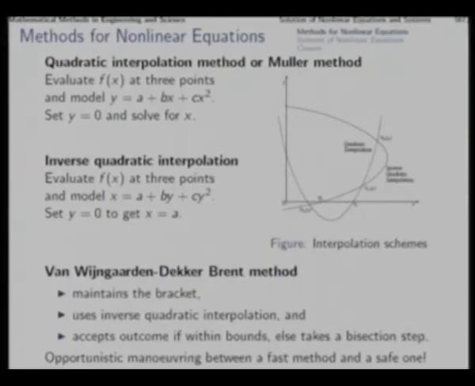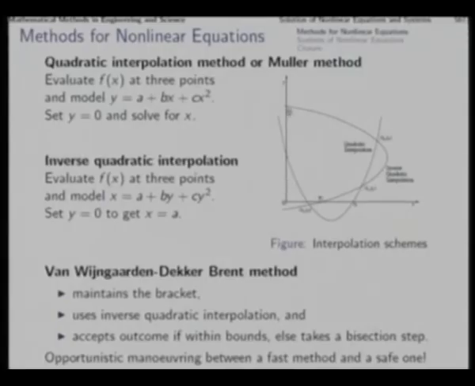So, see here, through the same 3 points x0, x1, y1, x2, y2, the quadratic interpolation will give you this curve, from which you might take this point or this point as the next point. The inverse quadratic interpolation, on the other hand, would give you x as a quadratic expression of y. Quadratic interpolation gives you this curve, y as a quadratic expression of x, and inverse quadratic interpolation will give you this parabola.